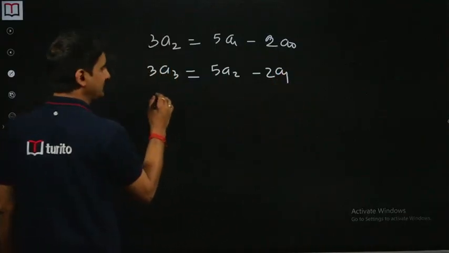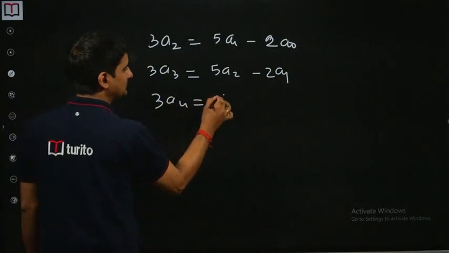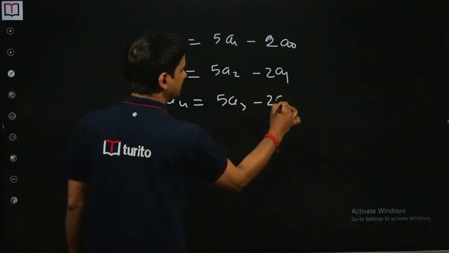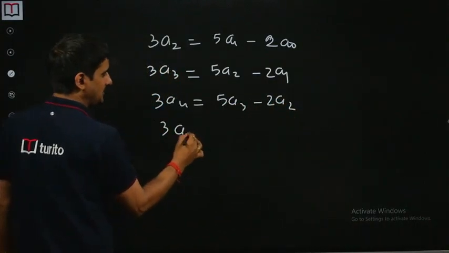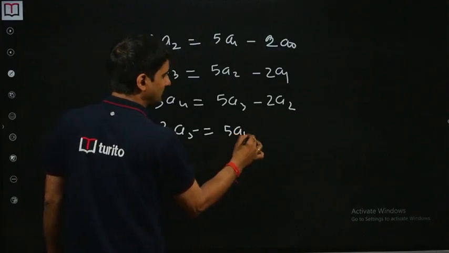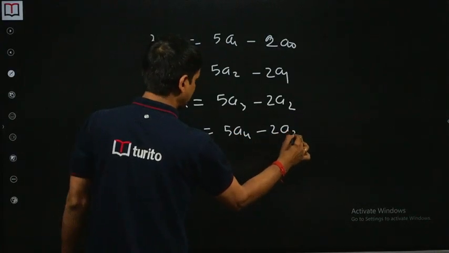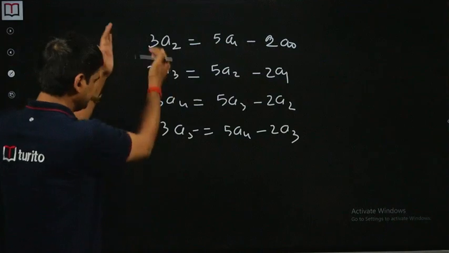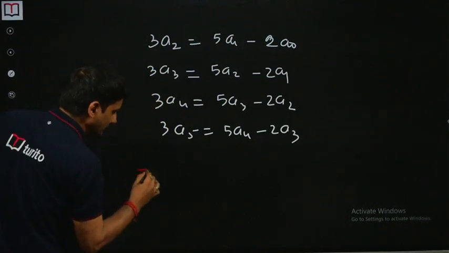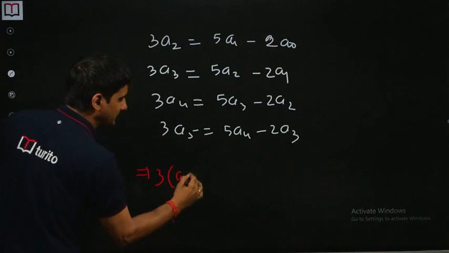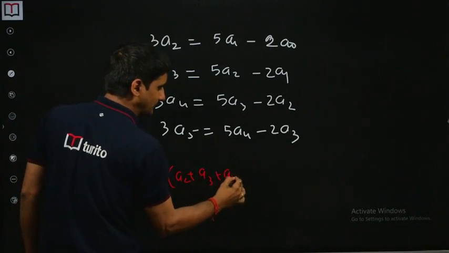See, that's a pattern which I can see here, bacho. So 3a4 is 5a3 minus 2a2, and then 3a5 is 5a4 minus 2a3. Right, now just add them up. So what do we get? 3 times a2 plus a3 plus a4 plus a5.